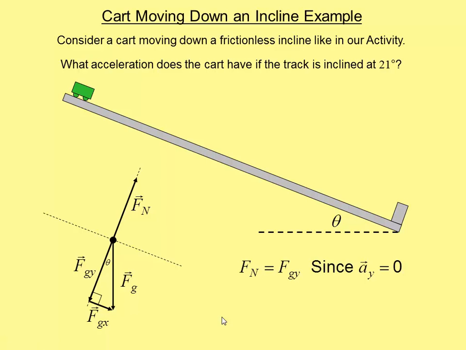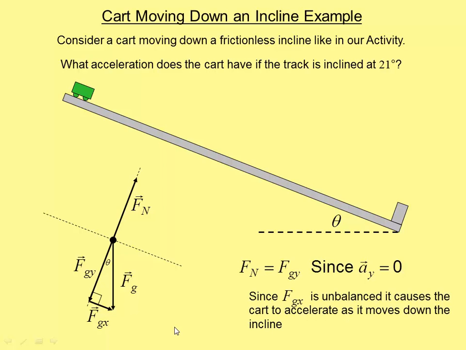That's one of the reasons we make the motion one-dimensional here, so that in the other dimension there is no motion, no acceleration. Since there's no friction, F_gx is left alone here. It's unbalanced. And since F_gx is unbalanced, it will make the cart accelerate. What direction? The same direction it's pointing, which is down the incline.